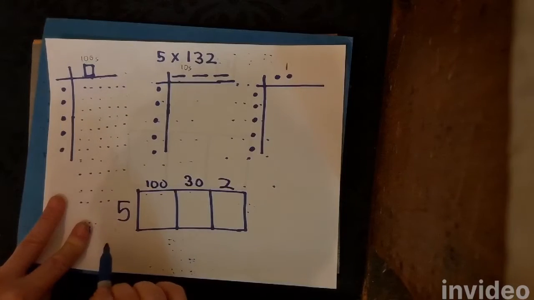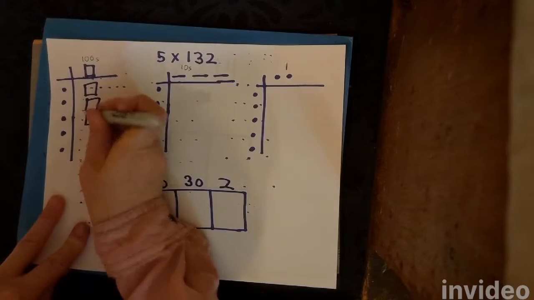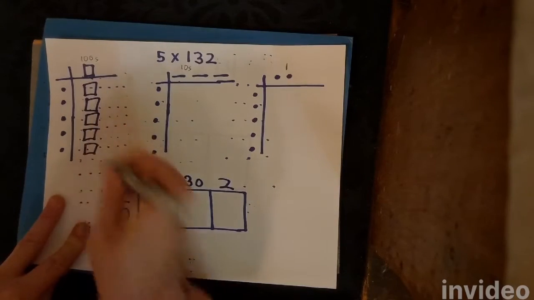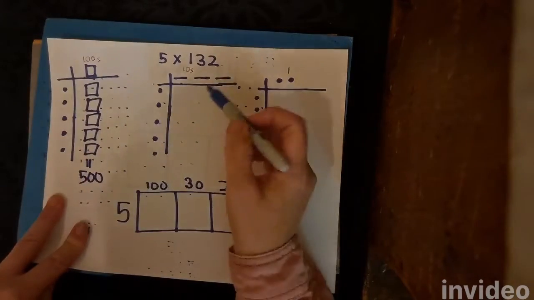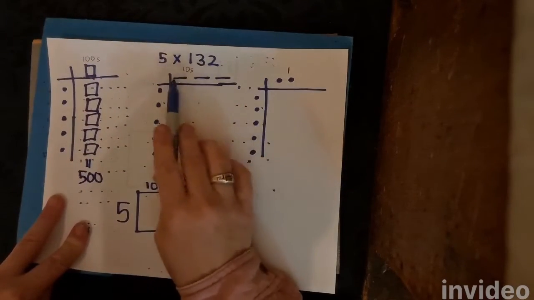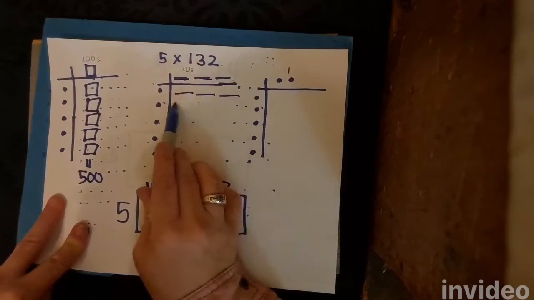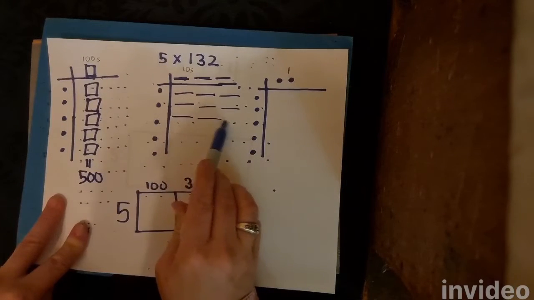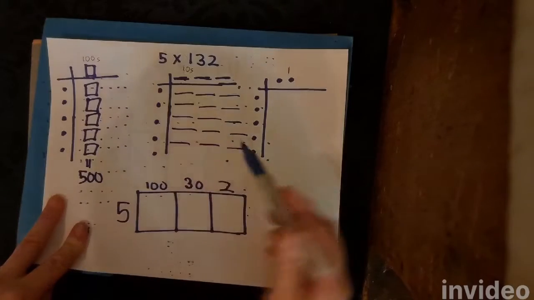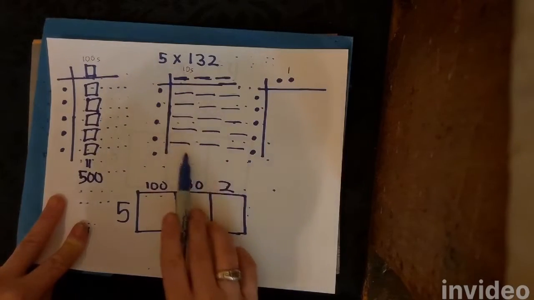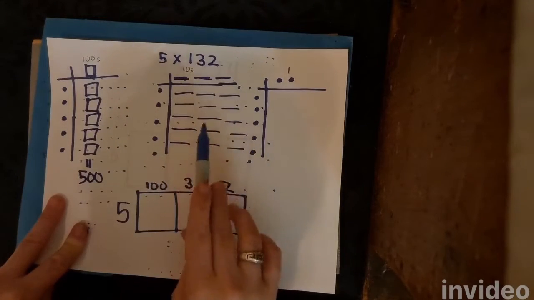Okay, so 5 times 100. So I'm going to draw 5 100s. 1, 2, 3, 4, 5. Well, I know that that's going to equal 500. All right, that's pretty easy. Okay, so now I'm going to do 5 30s, right? So 10, 20, 30. So here's my 5 30s. 1, 2, 3, 4, 5. And I can count them up, right? I know it's 15, because we got 5, 10, 15, and then I can just add in the 0.